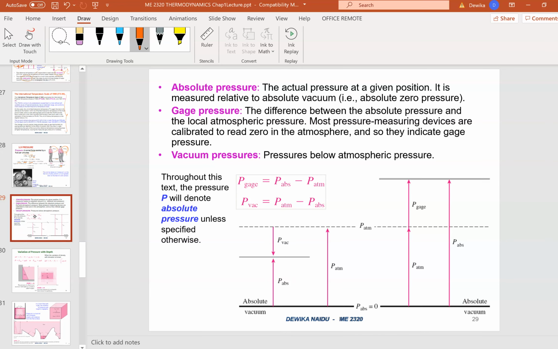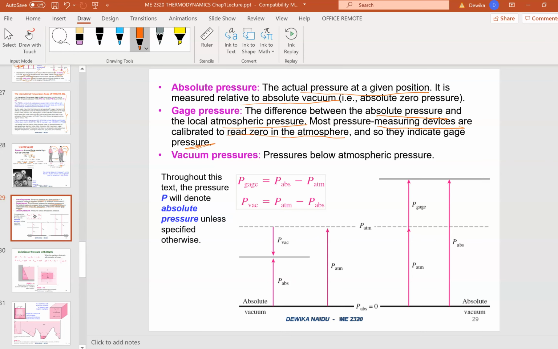So we have absolute pressure, gauge pressure, and vacuum pressure. What is the absolute pressure? It's the actual pressure at a given position, measured relative to absolute vacuum. Gauge pressure is the difference between the absolute pressure and the local atmospheric pressure. Most pressure measuring devices are calibrated to 0 in the atmosphere, so they indicate gauge pressure.